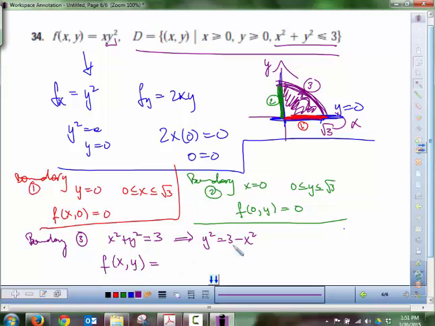And now if I replace this, it's just going to become a function of one variable. Maybe I'll write this as a function of just x, where x is just x and y squared is 3 minus x squared. So now I just have a function of x. And now I can say my x value goes from 0 to square root of 3.